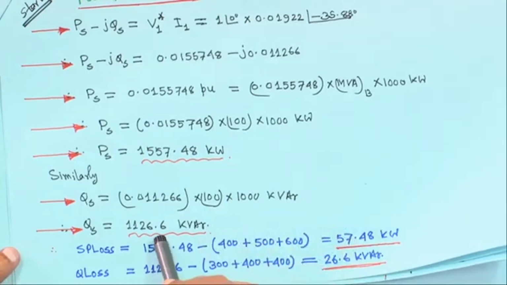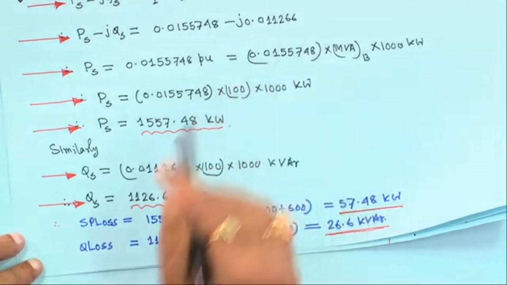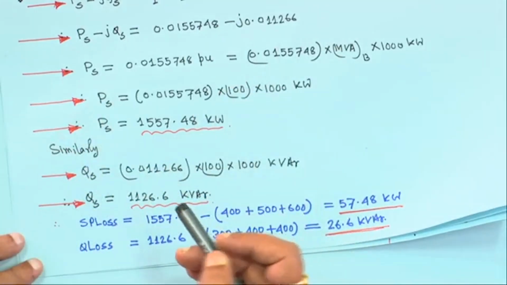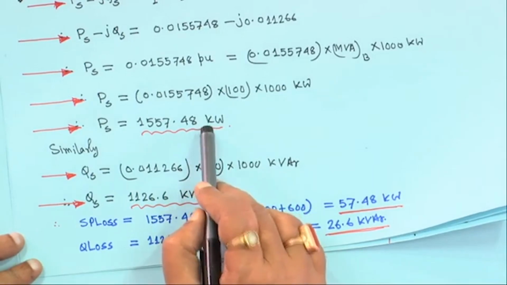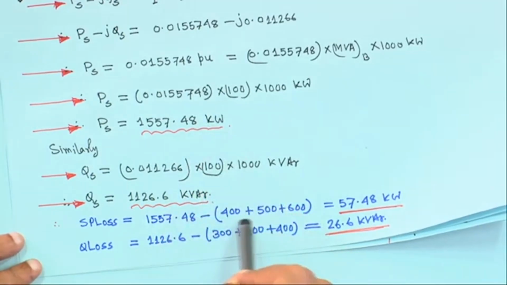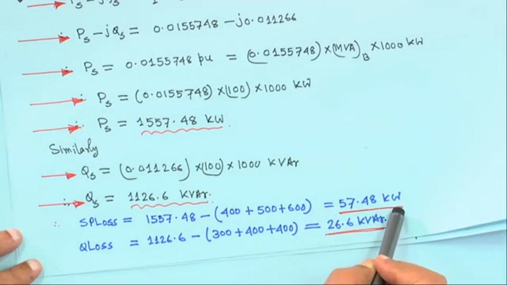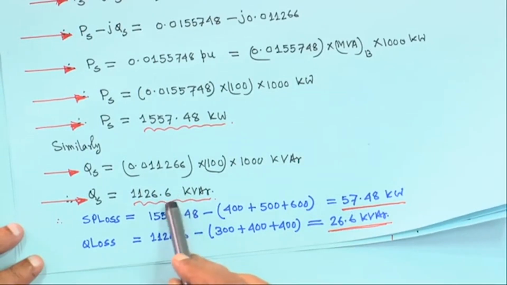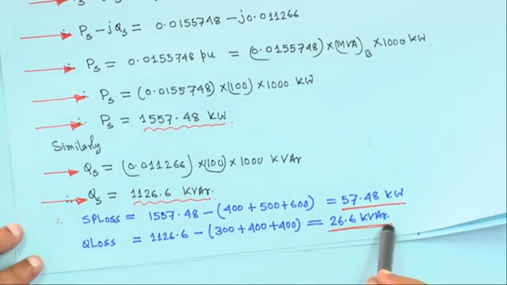That means this is the power input, and the total power loss P loss is the sum of power loss, 1557.48, which we just got, minus the total load, that is PL2 plus PL3 plus PL4, in kilowatt. So, 57.48 kilowatt. Similarly, Q loss will be 1126.6 kilowatt minus QL2 plus QL3 plus QL4, whatever load was there. So, the loss is coming 26.6 kilowatt after your second iteration, right.